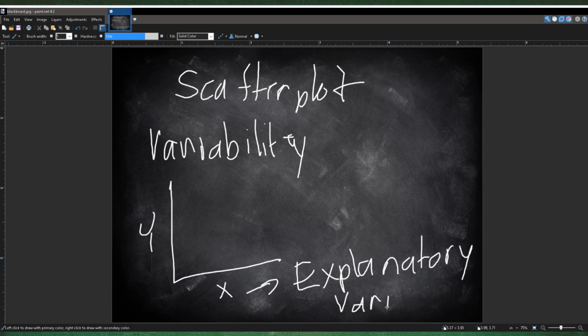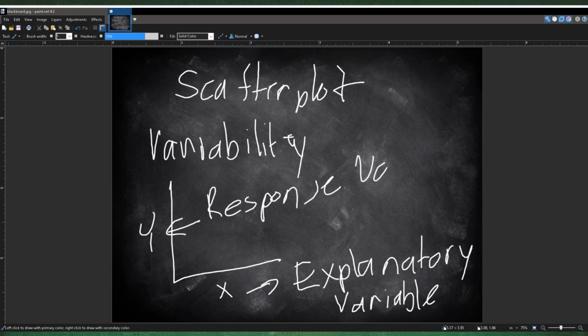And for the y, it's referred to as the response variable. This is very important, because if you're ever tested on exams like the AP exam, they're going to use explanatory variable and response variable, and you want to understand which one is your x and which one is your y.